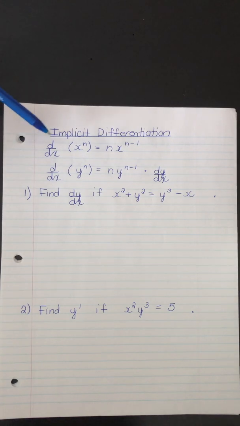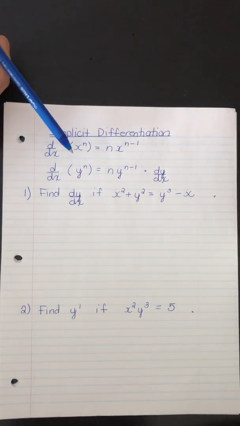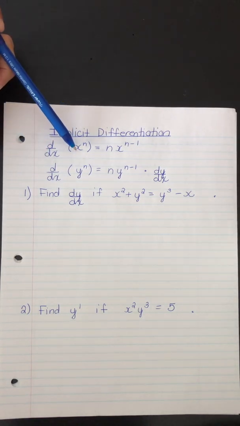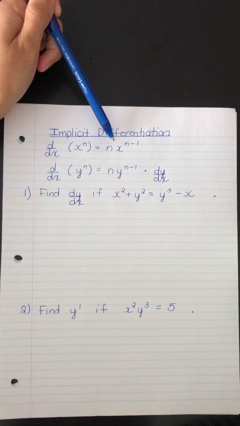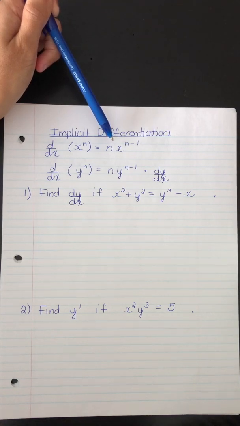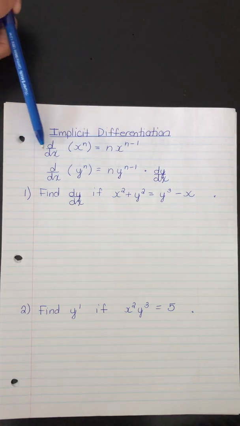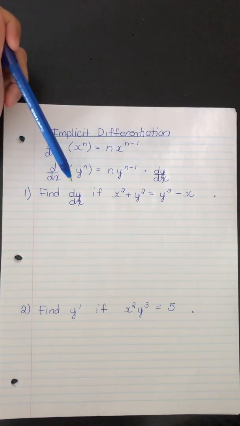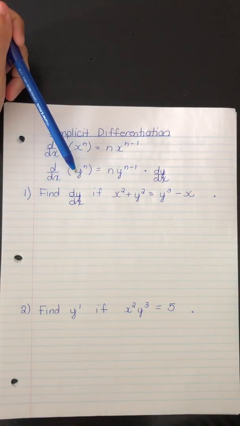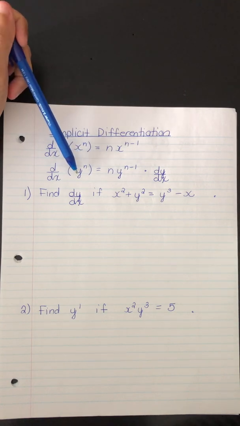If you're taking the derivative of a term in this form, x to the n, the derivative is n times x to the n minus 1. We use this when we differentiated polynomials. Now, if you have a function of this form, y to the n, and here we're assuming y is some function of x, then its derivative is found by the chain rule.